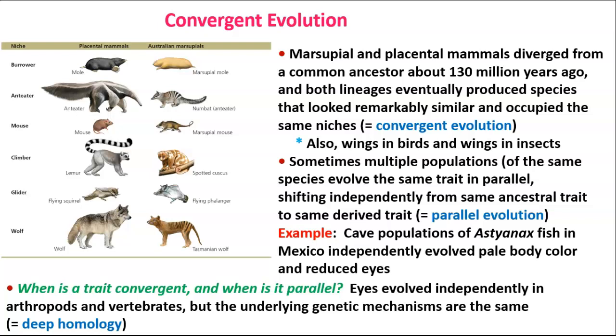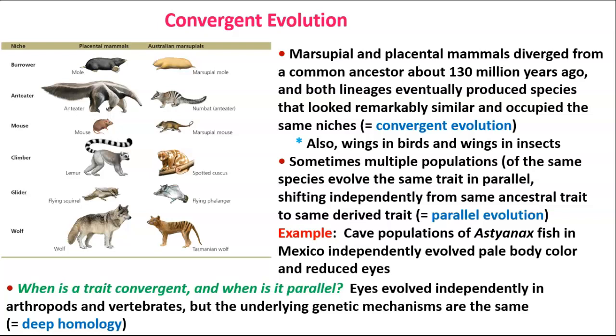So some biologists, Cliff Tabin and Neil Shubin and Sean Carroll, have come up with the term deep homology. Deep homology, referring to these cases, these instances, where even though the traits have evolved independently in very distant lineages, the genetic mechanisms for those traits is homologous, is the same. So they refer to that as deep homology.